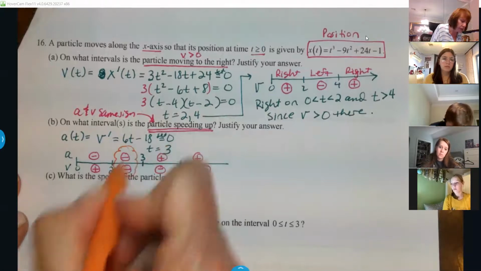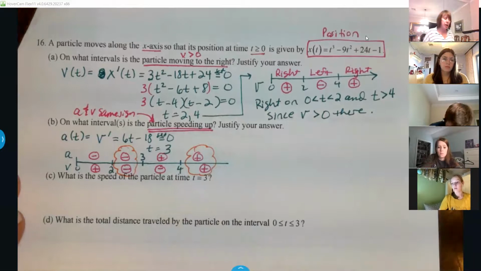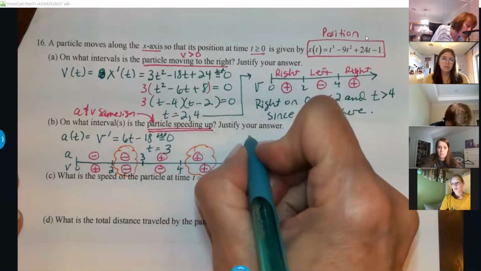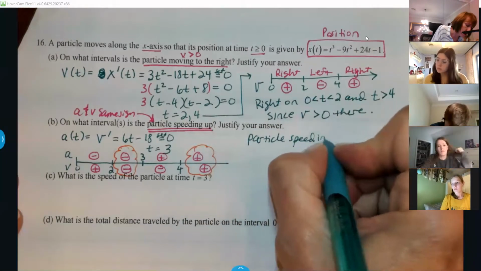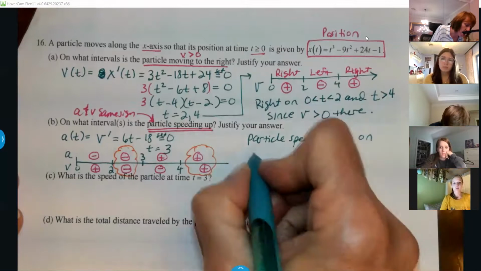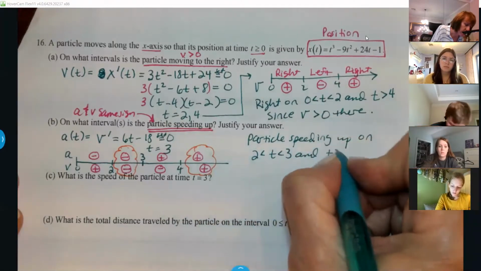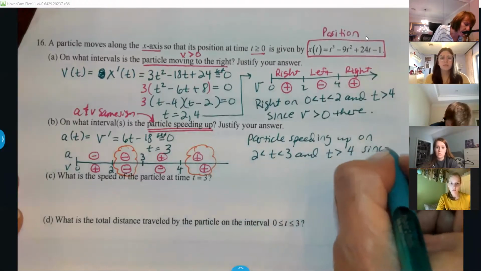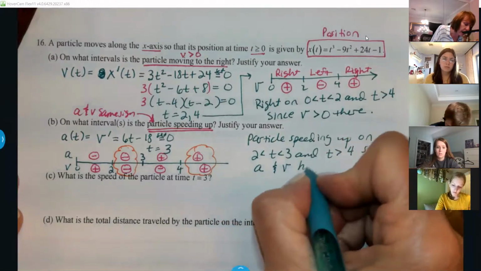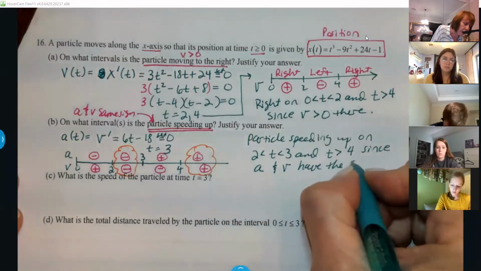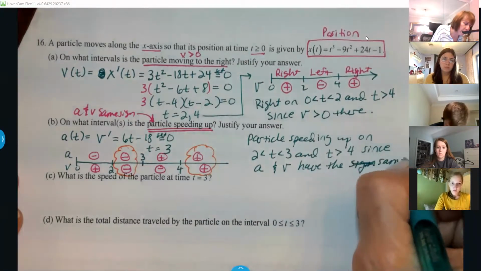They're both positive from 2 to 3 and after 4. So that's going to be my answer. So the particle is speeding up on 2 to 3 and greater than 4, since acceleration and velocity have the same sign.